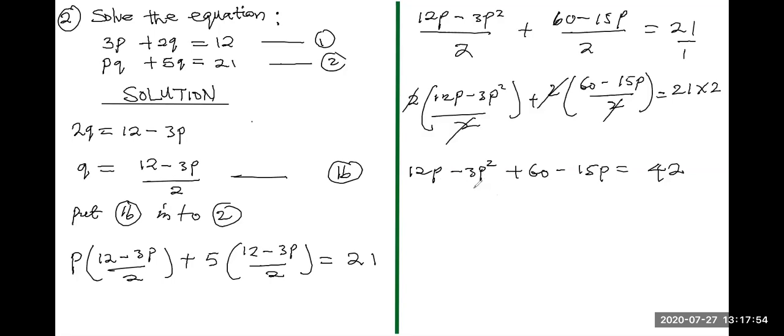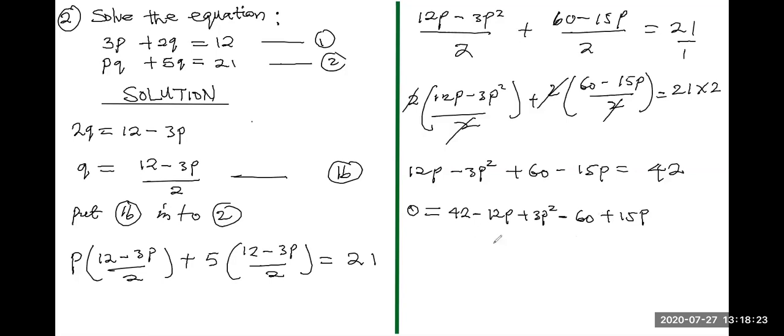So if I transfer all these terms to the right, nothing is going to be on my left hand side. So I'll say 0 is equals to 42, which is already on the right, then minus 12p if it comes over, plus 3p squared if it comes over, minus 60 if it comes over, plus 15p if it comes over. So just rearrange, writing all this first, then equals to 0. x is equals to y, meaning that y is equals to x.